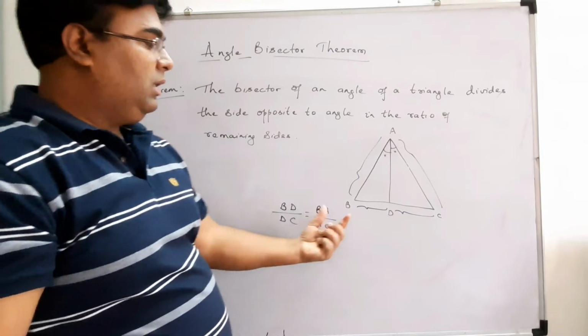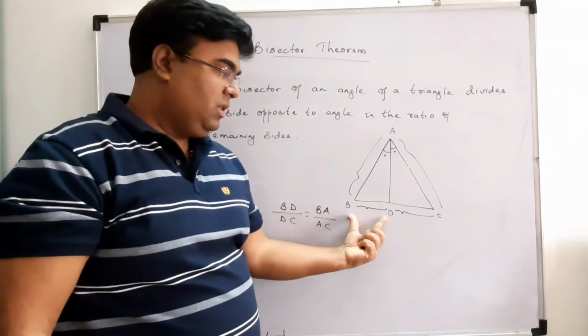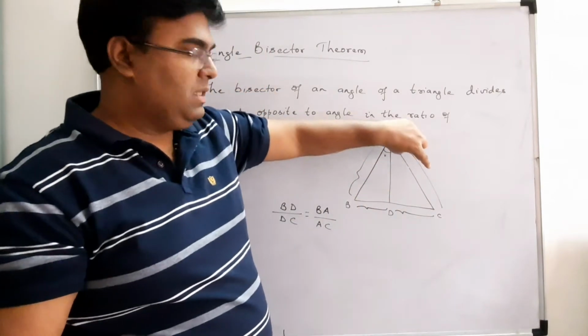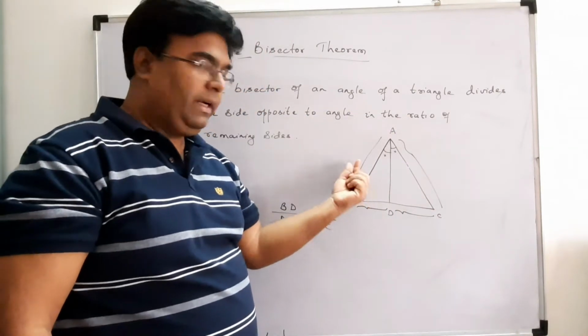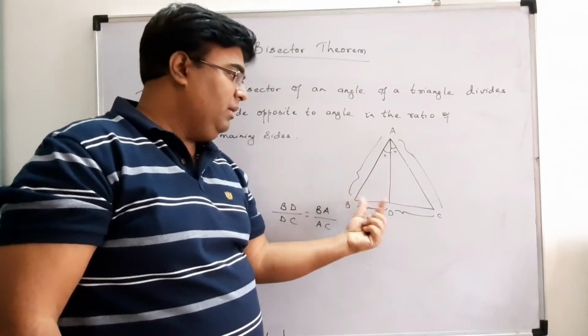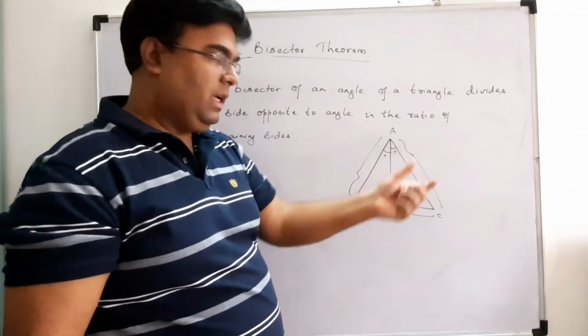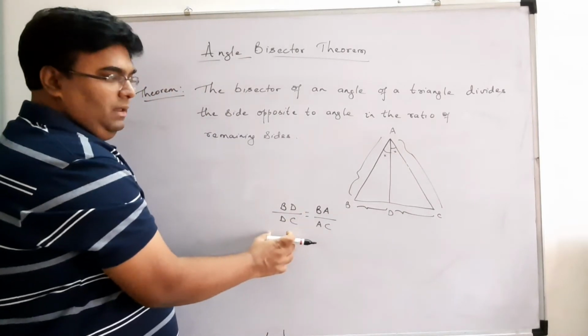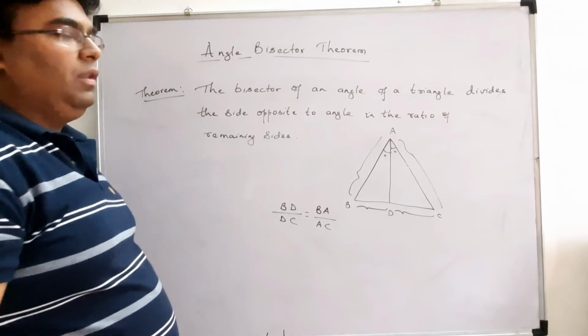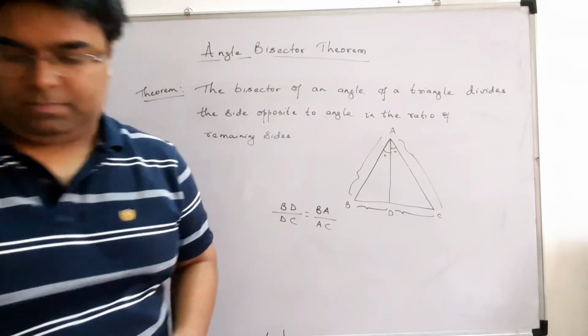Remember this, that if you are taking BD first, you need to take BA. Then DC, CA, means the same side. BD, then the side common to point B, and DC, then CA. So BD by DC should be equal to BA by AC. Okay, now we will prove it.